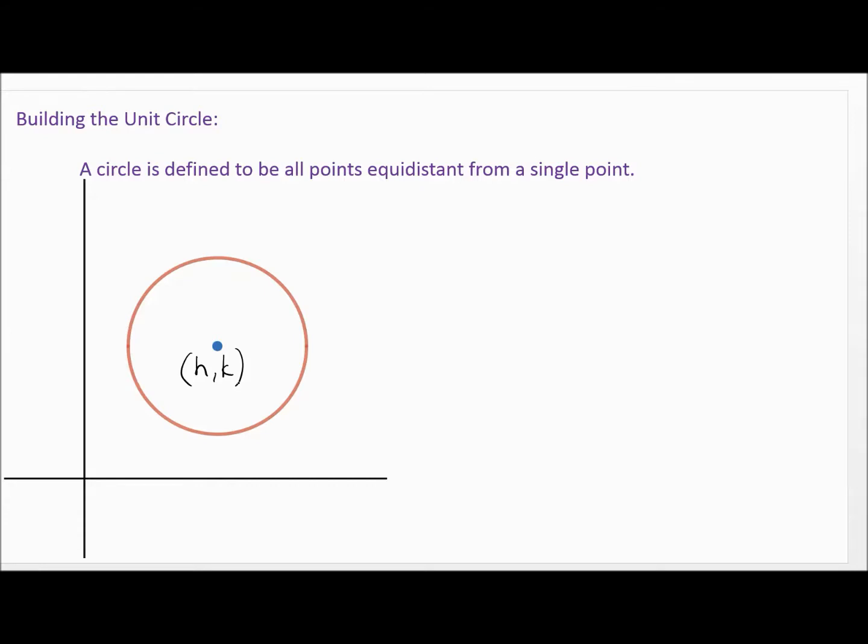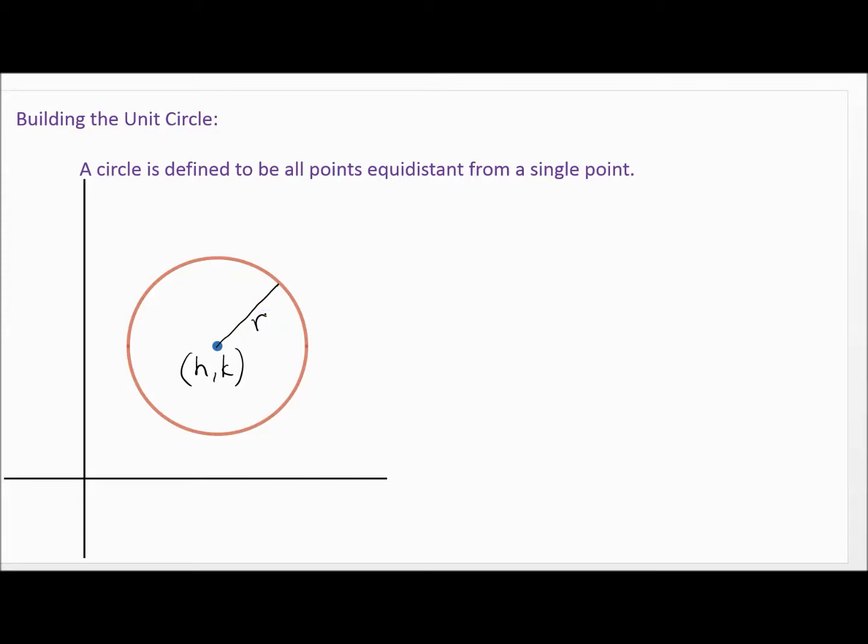Now, if we say a circle is all the points that are the same distance, or equidistant, from that single point, so this distance clearly is the same as this distance, it's the same as this distance, you get it. Every single point on this circle is the same distance from that center point. Now, that distance, y'all, we're going to call that r.